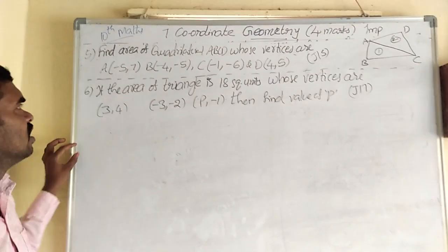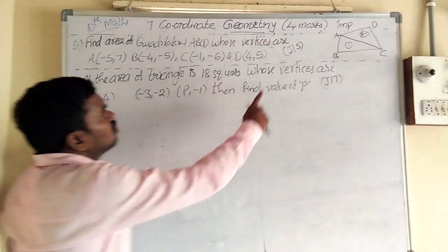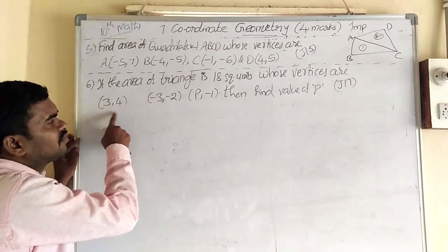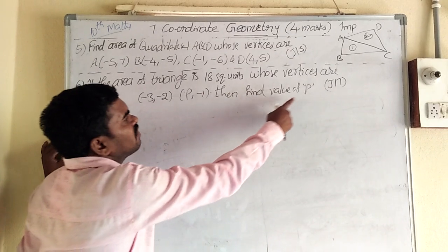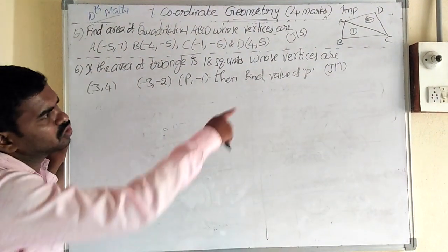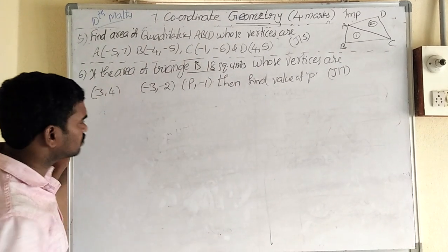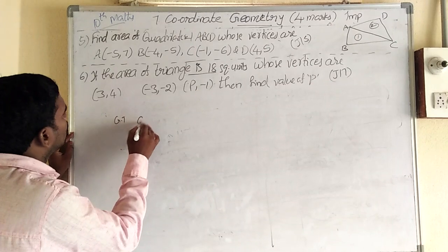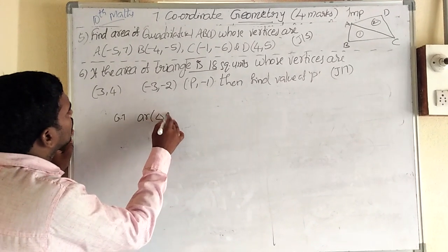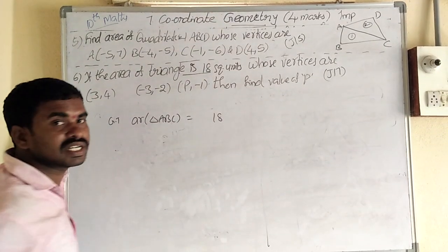So see the next question. If the area of a triangle is 18 square units, whose vertices are (3, 4), (-3, -2), (p, -1), then find the value of p. So, taken from June 17th question. So here the area of the triangle is given. So given that the area of triangle ABC is 18 square units.